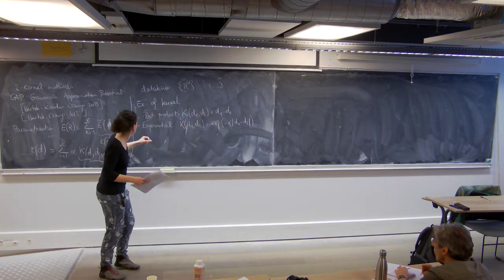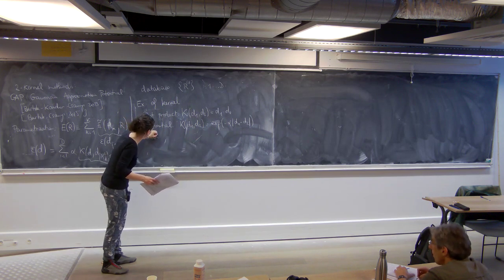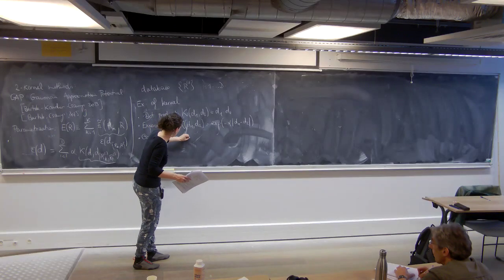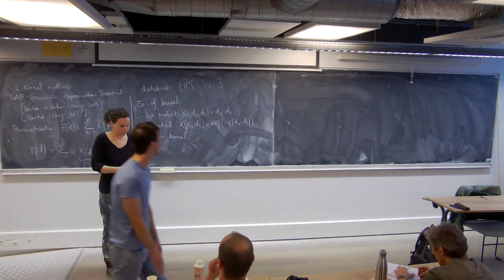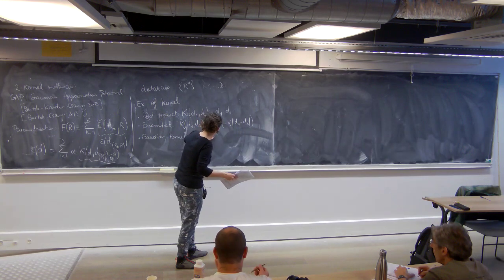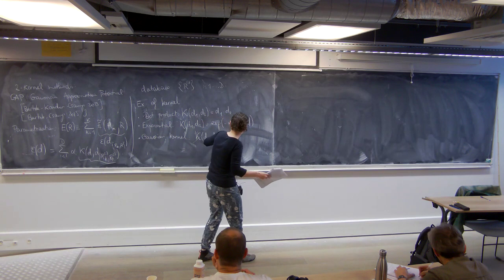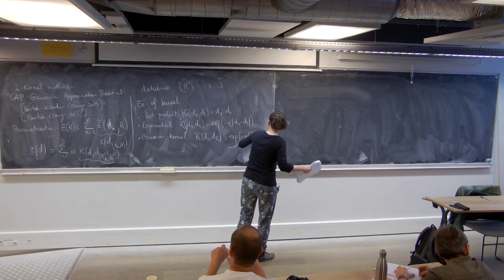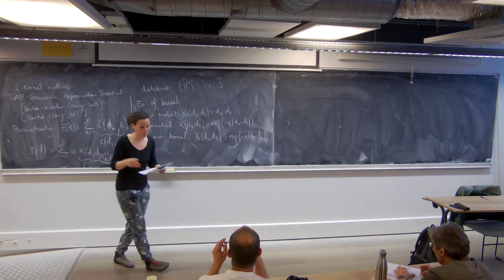And then a third typical kernel is the Gaussian kernel, which is just k of d1, d2, which is the exponential of minus alpha times the two norm squared of d1 minus d2.